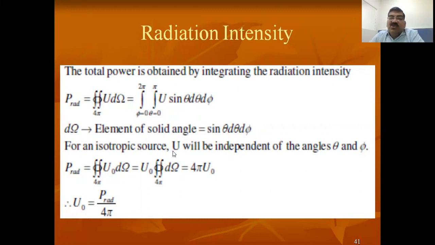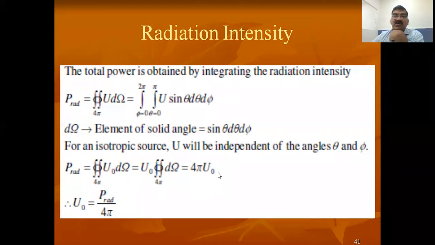For an isotropic source, the radiation along the horizontal, that is azimuth, is the same, and in elevation there may be a directive pattern. So for an isotropic source, U is independent of the angles theta and phi. So power radiated is the integral over the entire sphere of U0 into d omega. U0 is constant and the integral of d omega is 4 pi.